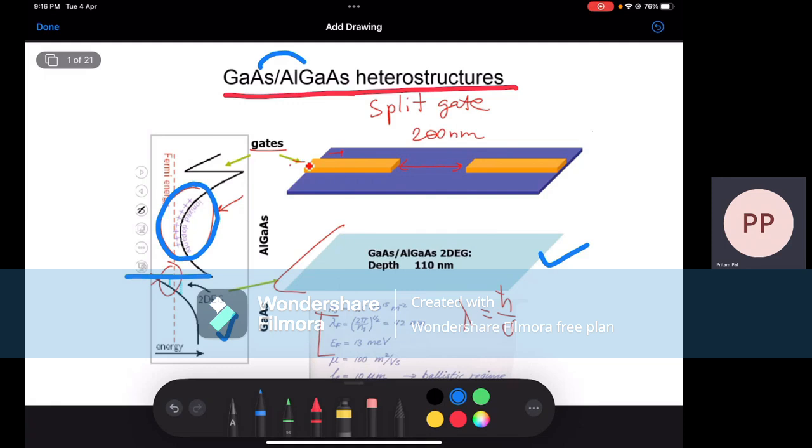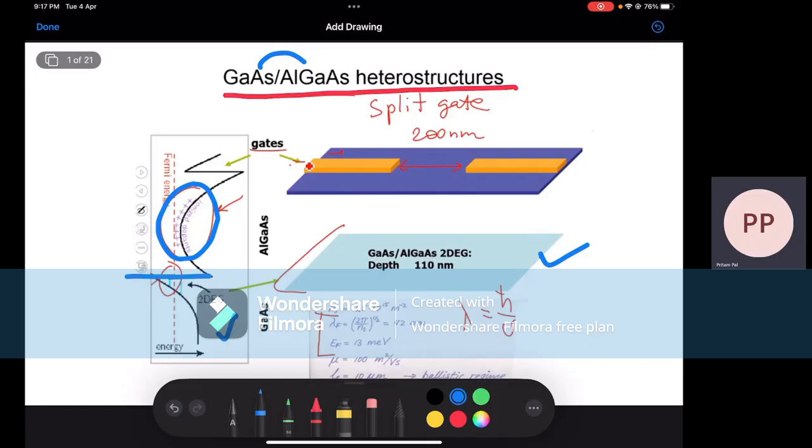Here are some typical numbers for one of these two-dimensional electron gases. The first one is the density. This density is at low temperature, where typically a semiconductor would freeze out because all the excitations across the band gap become impossible. But in this case there is a finite density which is quite sizable, persisting down to low temperature where a lot of quantum effects are observed, and this is because of the dopants.